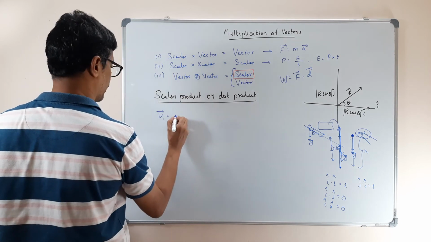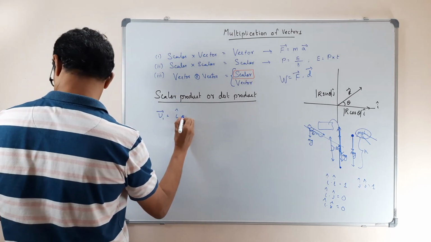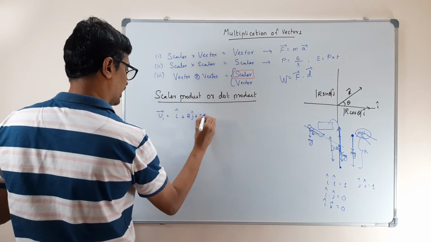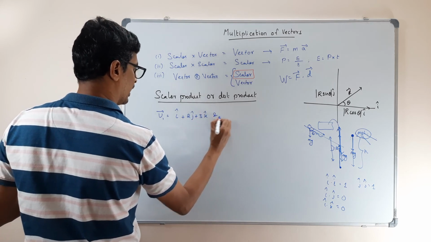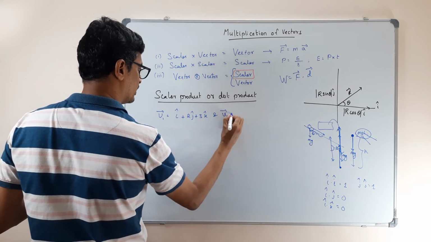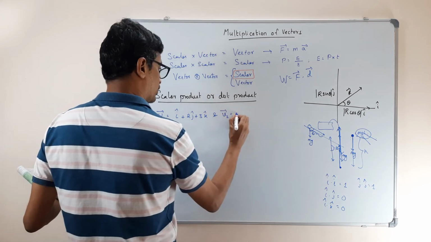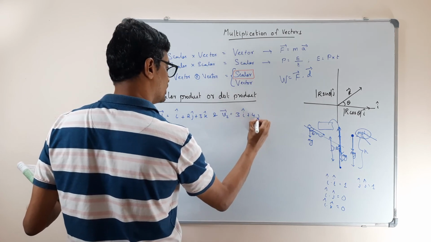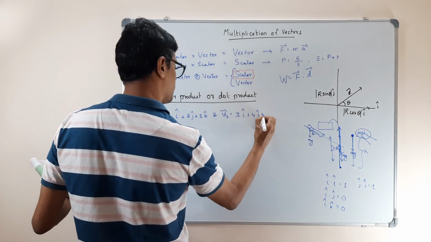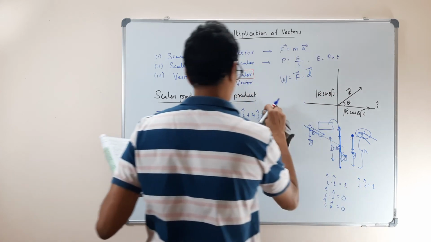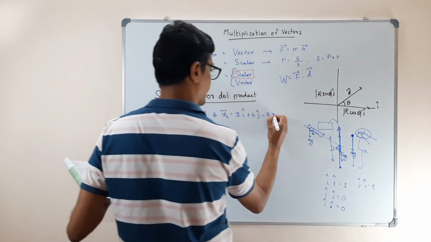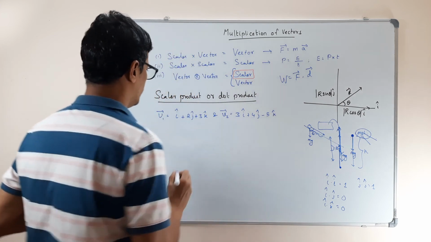That means they are given i cap plus 2j cap plus 3k cap, and V2 vector equal to 3i cap plus 4j cap minus 5k cap.